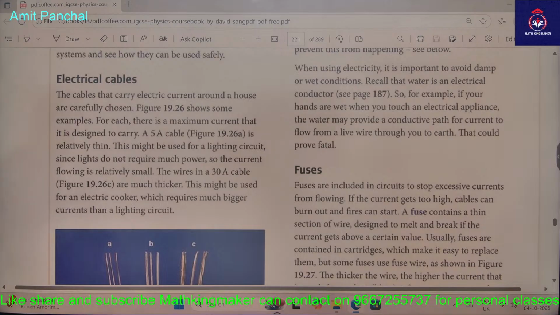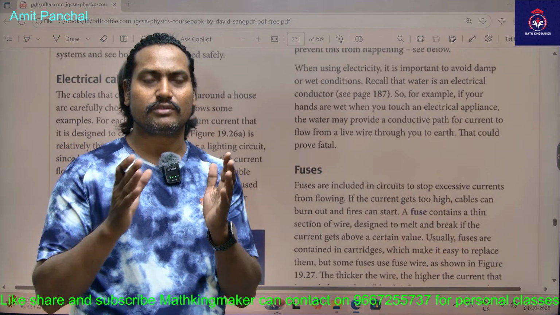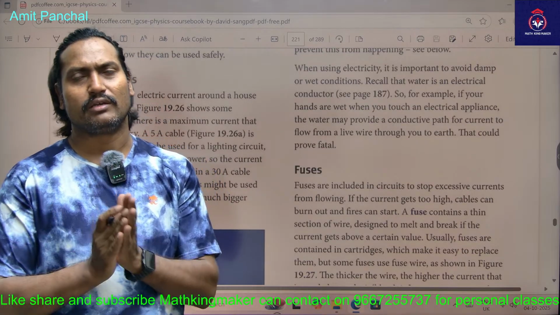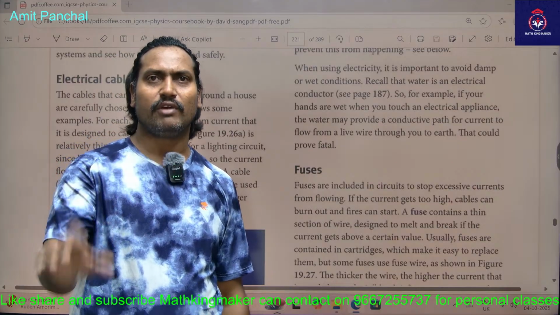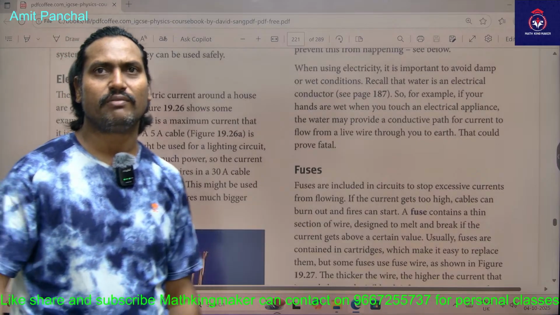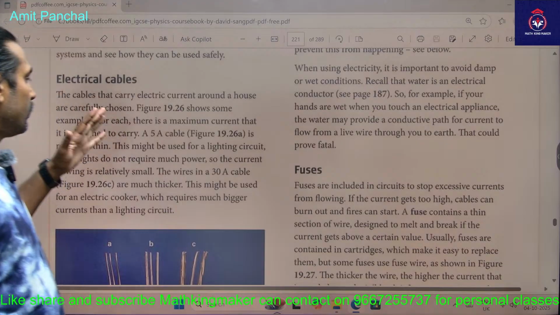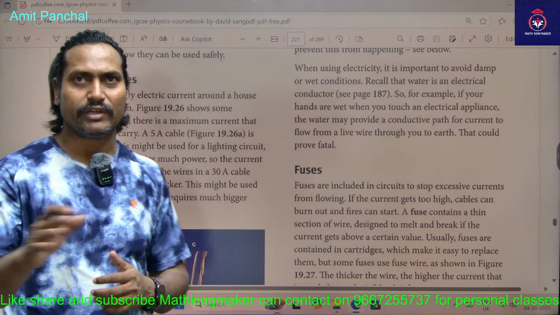Wherever you want 5 amperes, you use a 5 ampere wire. If you want 15 amperes, that is a separate wire. A 15 amp wire and a 5 amp wire are different wires. You have to use wires according to whatever current rating is there.